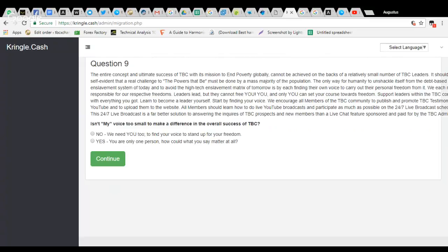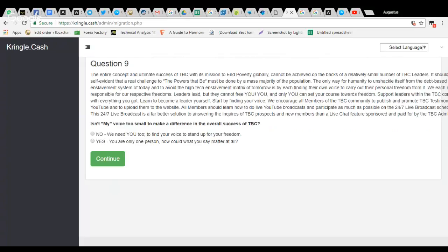It is self-evident that a real challenge to the powers that be must be made by a mass majority of the population.